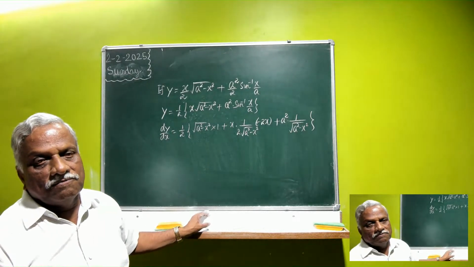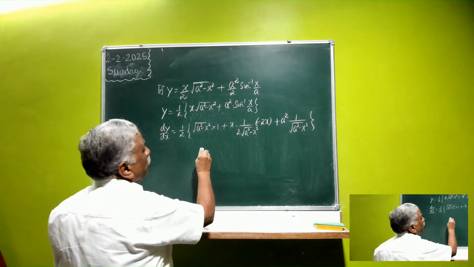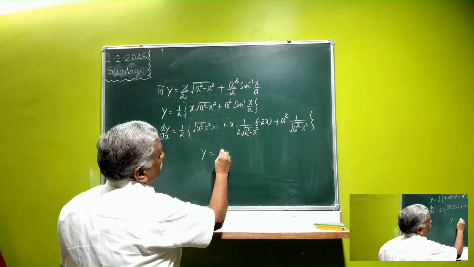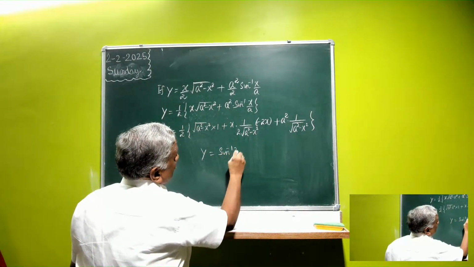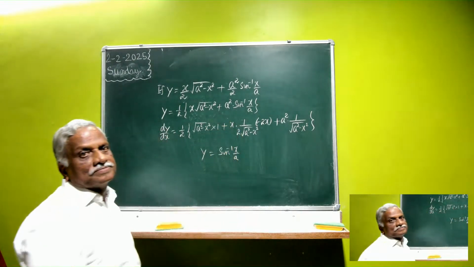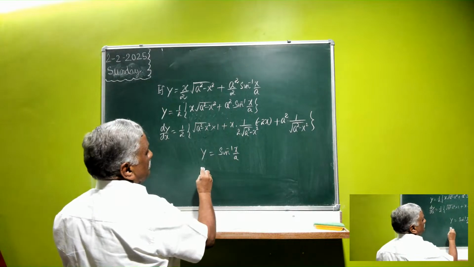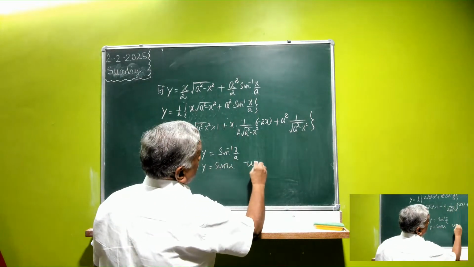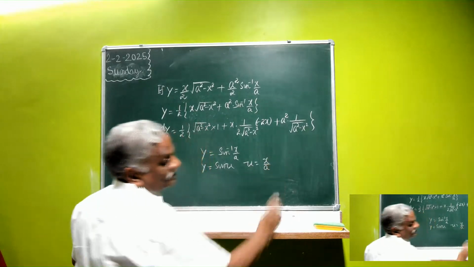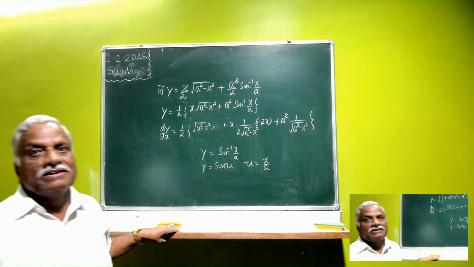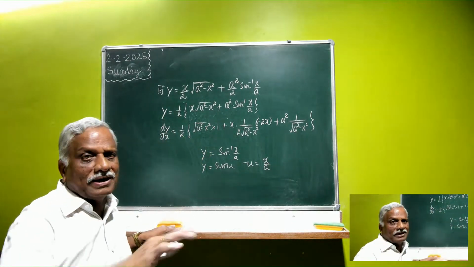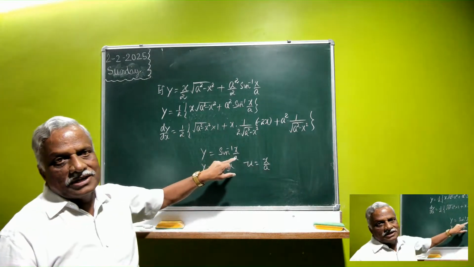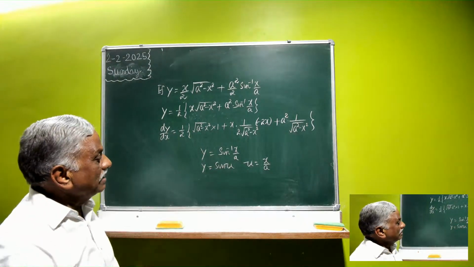Supposing you are finding difficulty, I can just explain how it has to be done. You have got sin inverse x by a. So I call this y is equal to sin inverse u. What is my u? x by a. So this is a strategy: whenever you find difficulty, go back. So I am explaining this. So what is the derivative of sin u?